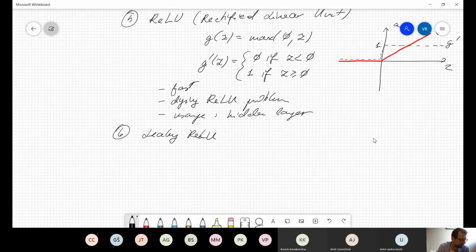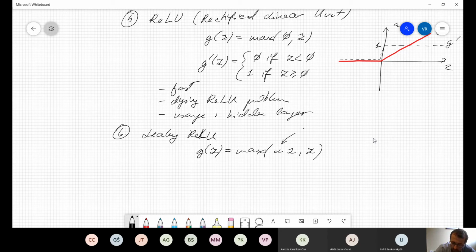Leaky rectifier linear unit basically leaves the possibility for the neuron to leak a little bit, some small value to leak out, so that it could recover after a while. So this becomes a function like this. As in the classical ReLU, we have a maximum between alpha times z and z.